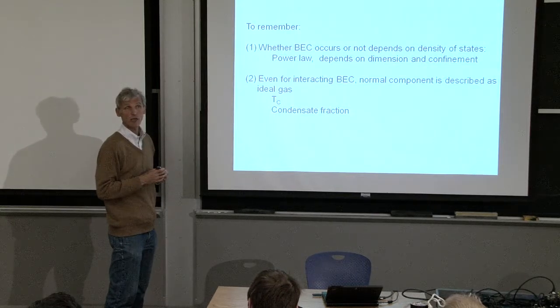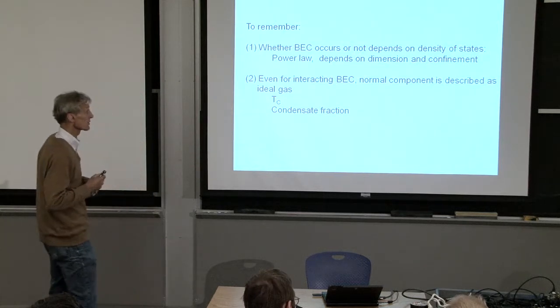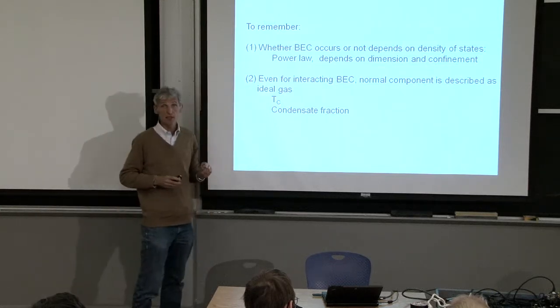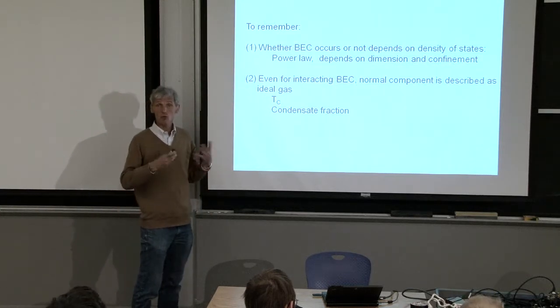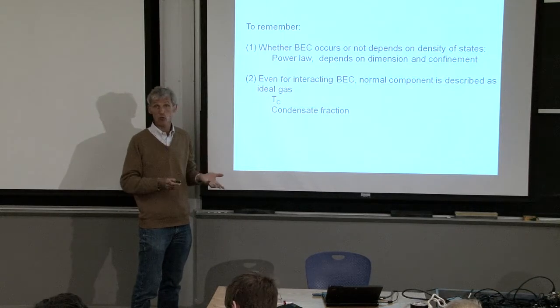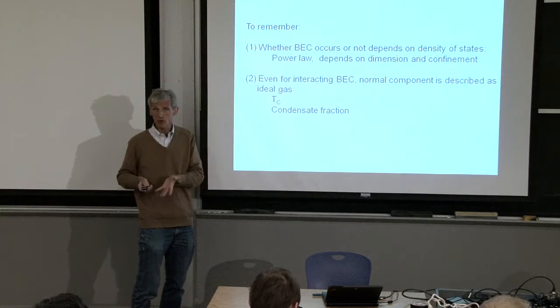The fact that you are in a trap changes the density of states and changes the criterion for Bose-Einstein condensation. But if you want to describe your Bose gas and its properties, there are aspects of Bose-Einstein condensation which are pretty close to the ideal gas and others which require many-body physics.